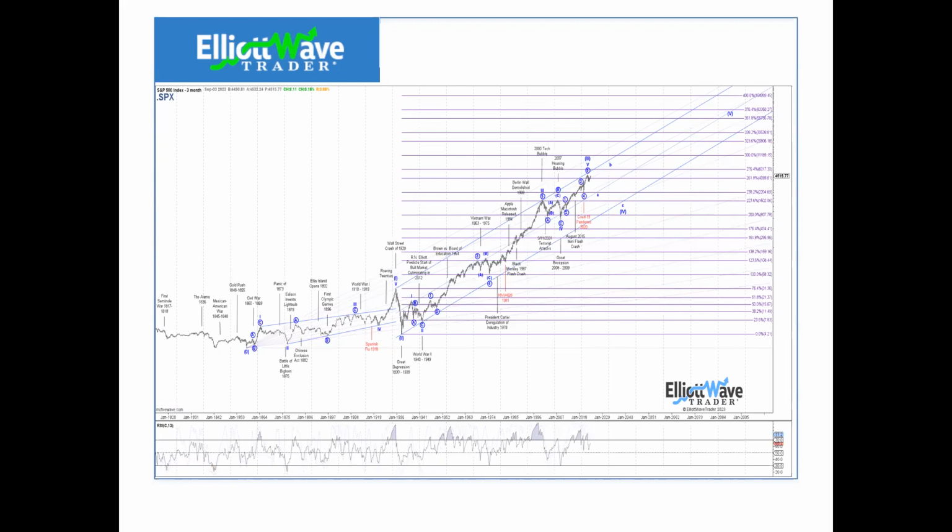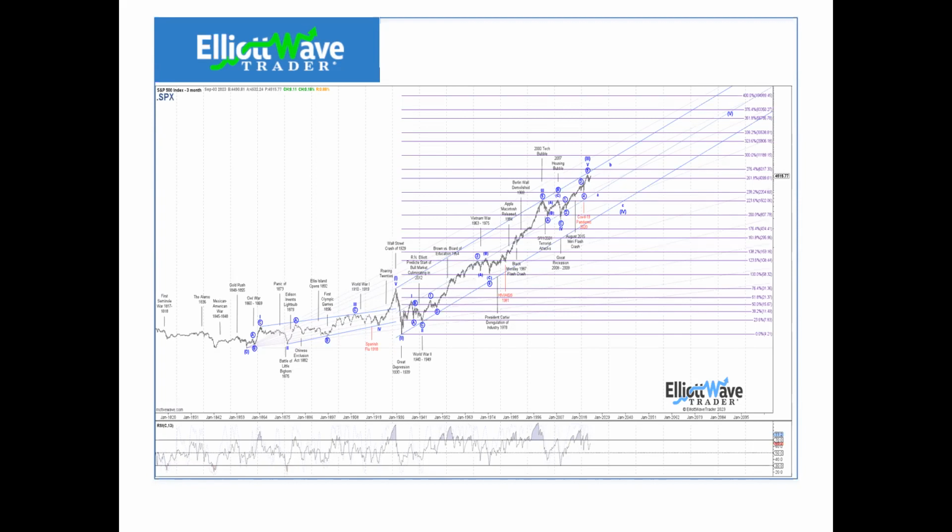Now, once we had that set up to begin that major rally, wave 2 is what bottomed before the Great Depression. What kicked off the Great Depression was the 29 crash. When the 29 crash ceased and we began to rally again, the bottom of that crash was wave 2. So what do we know?